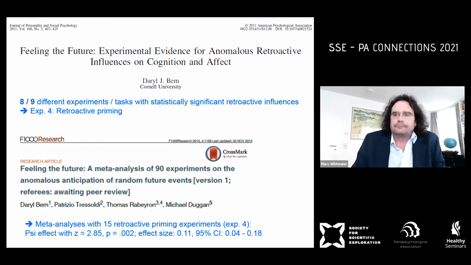And then there were meta-analyses concerning this retroactive priming task. In these meta-analyses with 15 specifically retroactive priming tasks, we find a positive, significant effect with a small effect size, but significant. Okay, we could say, meta-analysis, all good, we have an effect, hooray.